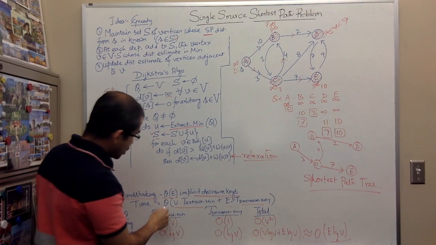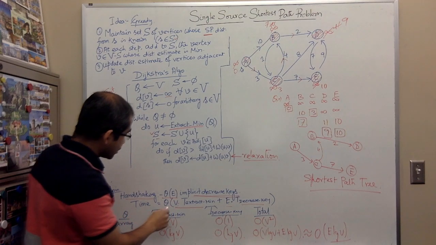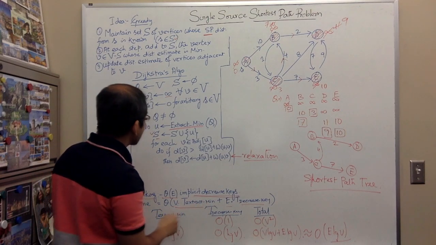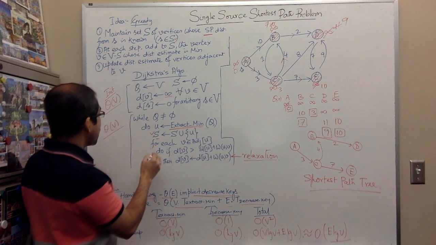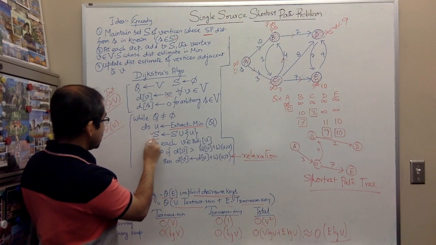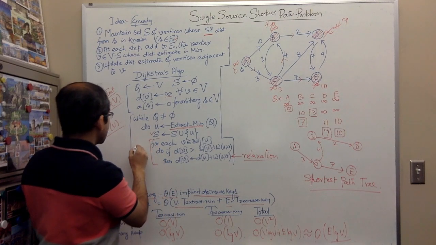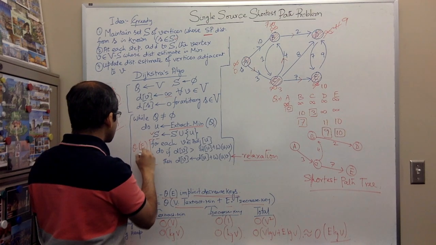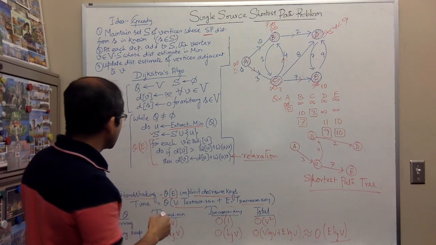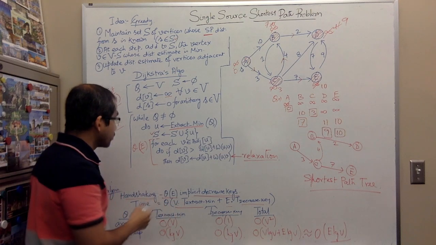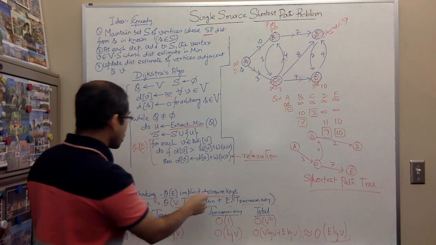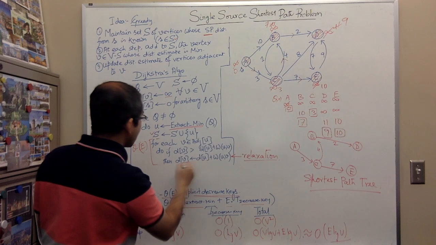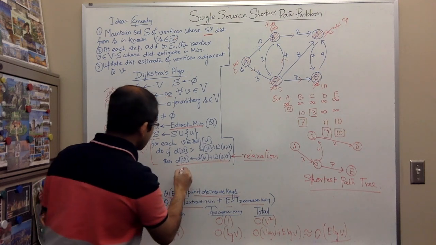So we put this here, the time is theta V times T extract min, and this part will be done theta E times, because this is actually about the degree of u, degree of a node, and the degree of node by handshaking lemma is of the order of theta E. So theta E number of this is implicit decrease key again.